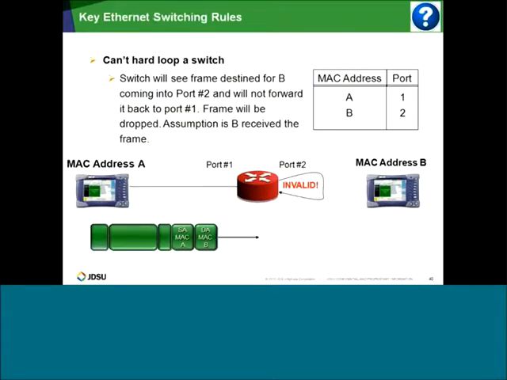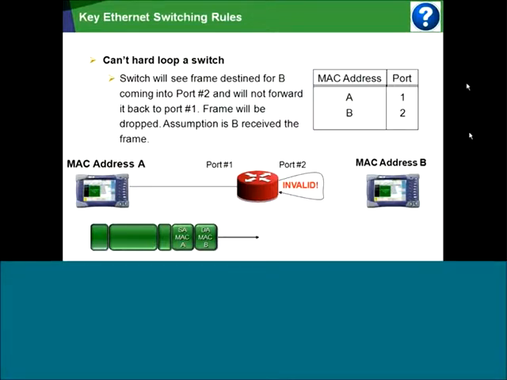Another thing to remember is we are very used to using a hard loop. Now, in the Ethernet world, that's actually an invalid test. Why is that? It's because of the functionality of your switch. The switch's job is really to forward your frame from one port to another. As an example, let's say you're sending traffic, and you put a hard loop out there, and you have port 1 and port 2.